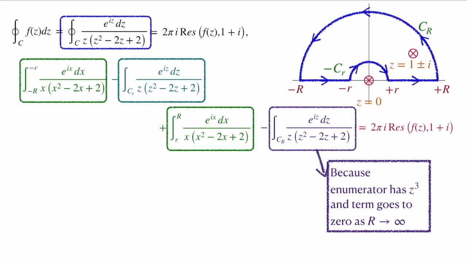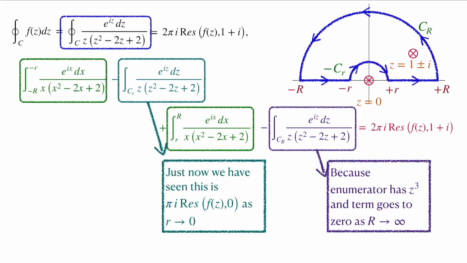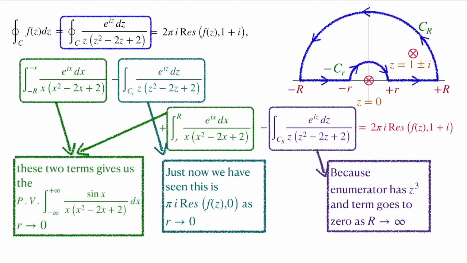Now from the earlier theorem, this term results in the value πi times the residue of f(z) at z = 0, as the radius r goes to 0. Then we are left with the two terms which can be combined as a limit, r going to 0. This takes the principal value of the integral which we are interested in. It should be e^(ix), not sin x. So this is the integral which we are interested in.